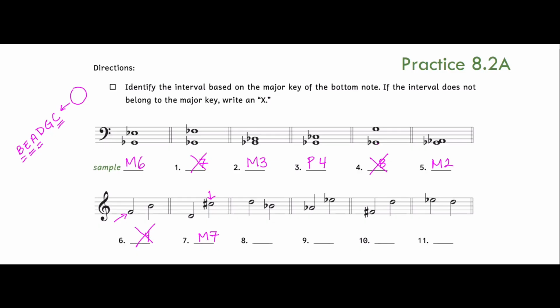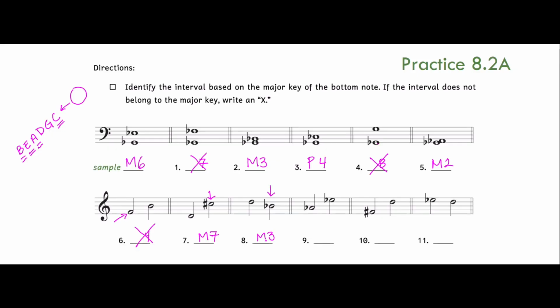Now number 8 is a descending interval, but we're always basing intervals on the lowest note, so we're going to base it off this bottom B flat. So B flat to D is a third, and now we need to think in the key of B flat major. B flat major has 2 flats, B flat and E flat. Therefore, D natural belongs to B flat major, making this a major third.